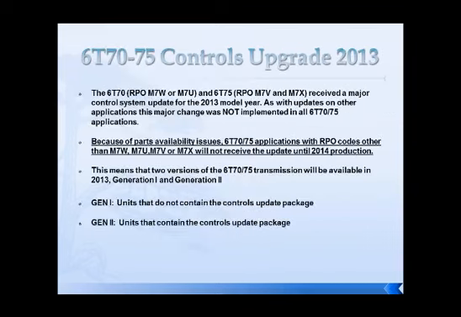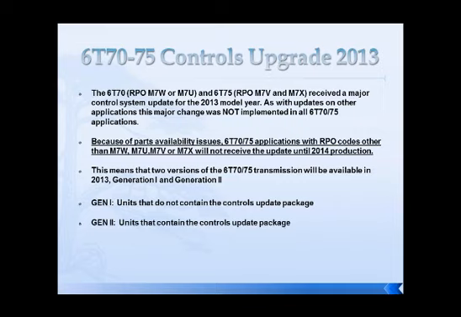Now let's talk about the biggest change that the 6T70 has undergone since it came out. We're going to call this a controls upgrade. That's what engineering actually calls it. This change is very similar to the change that the 6T40 underwent. When you look at the 6T70, you're going to find them built two different ways for 2013.